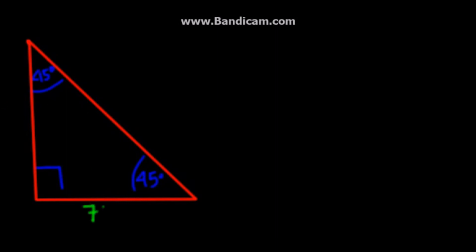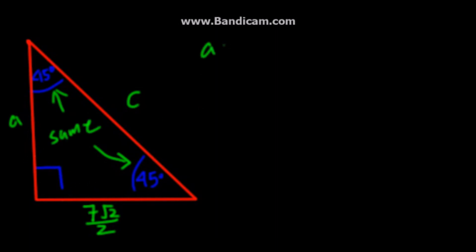So 7 square root of 2 over 2. And it tells us to find the hypotenuse and the other leg. Now, as I've told you before, the two legs are the same because of the angles. So A also equals 7 root 2 over 2.